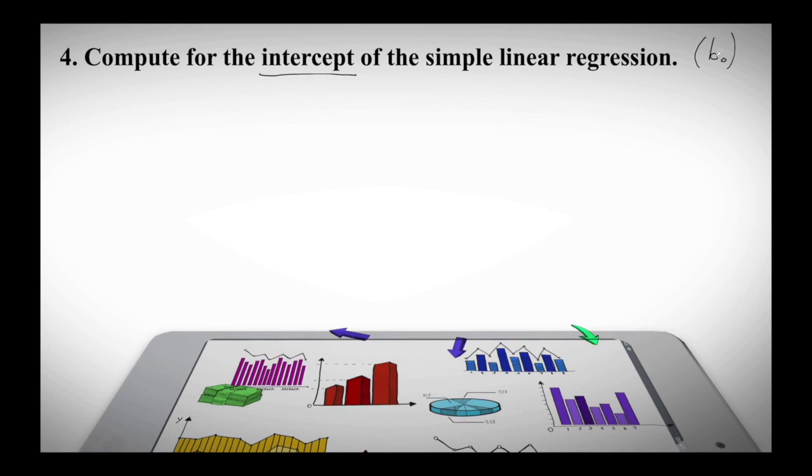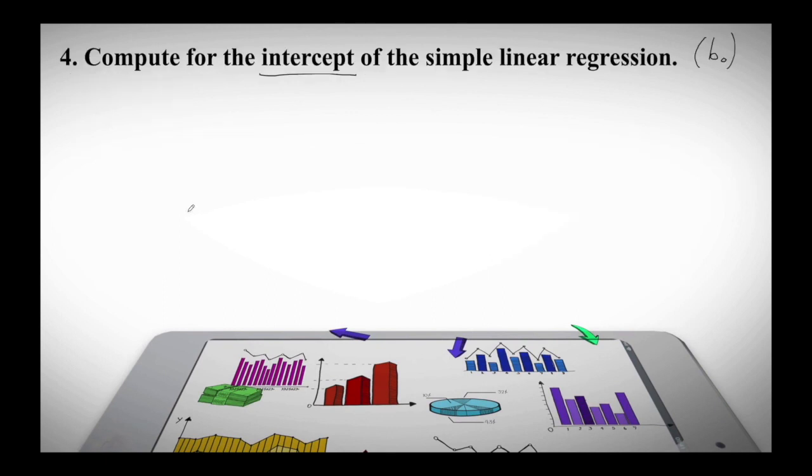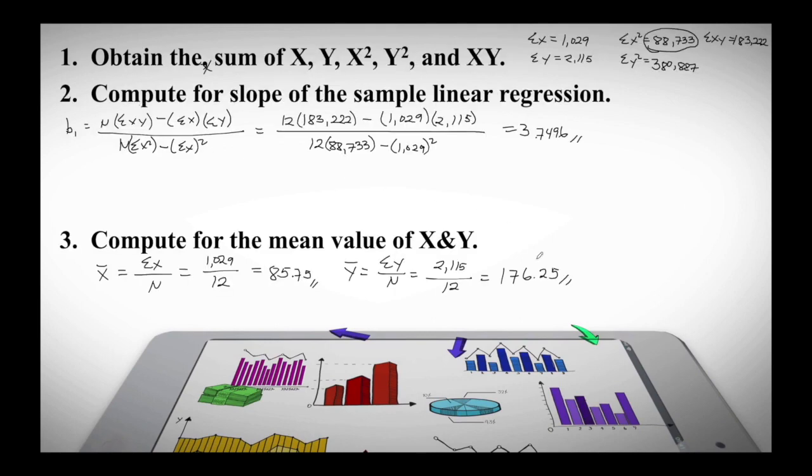Kung babalikan po natin yung formula na mga binigay ko kanina, b sub 0 is equivalent to the value of y bar minus b sub 1 multiplied to x bar. So, let's write it here. Let's have our solution. Again, b sub 0 equals y bar minus b sub 1 x bar. Okay, so b sub 0 equals y bar. Anong value ng y bar natin? We have here 176.25.